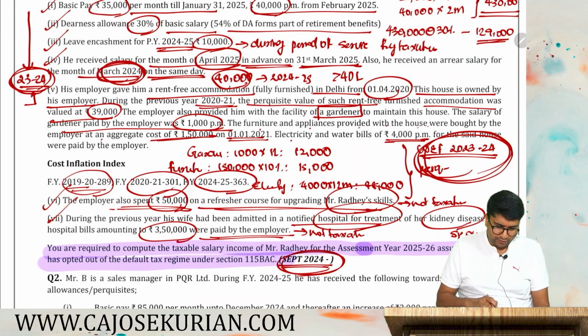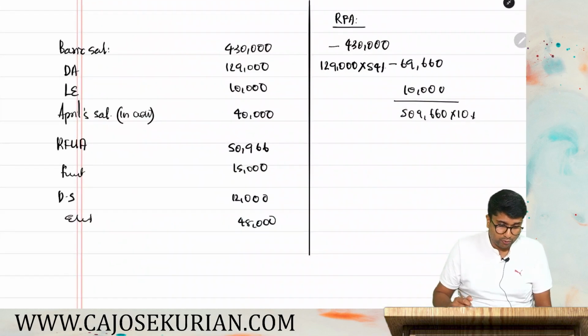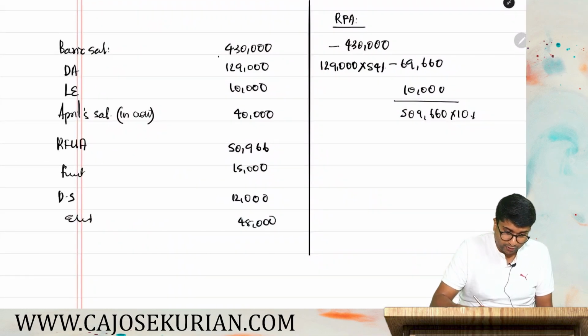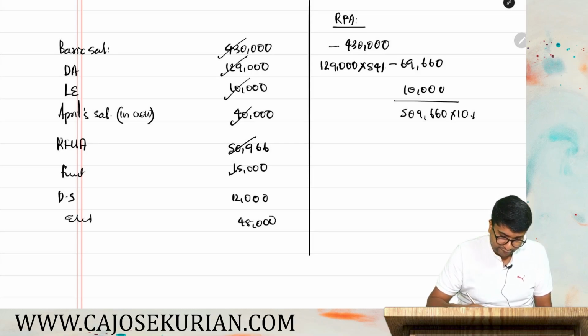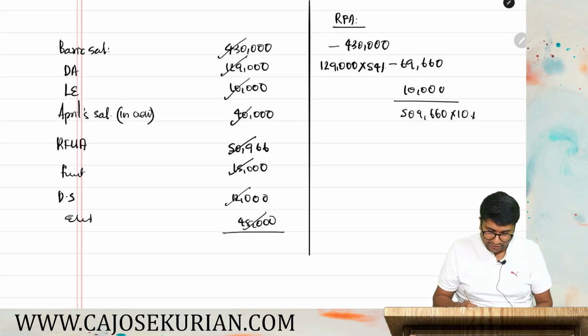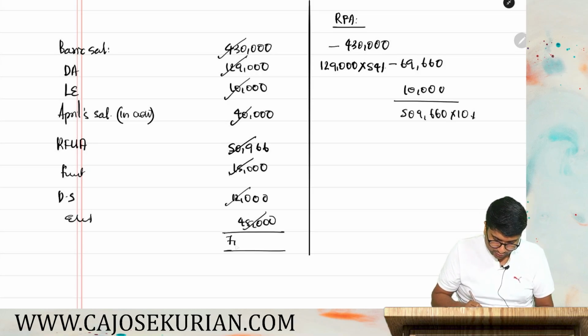Now, let's compute the gross salary, friends. Which are the taxable components? 4,30,000, 129, 10,000, 40,000, then 50,000, 966, 15,000, then 12,000, 48,000. If you add all these together, your total will be 7,34,966.